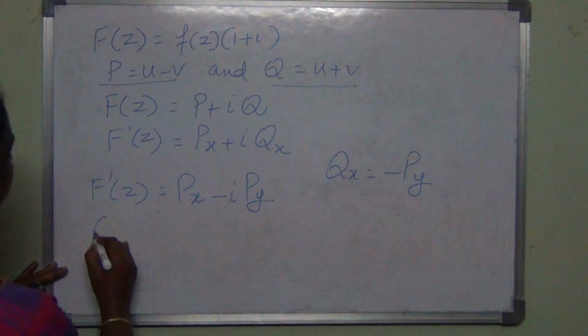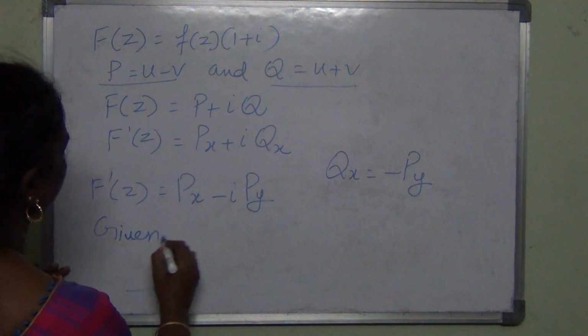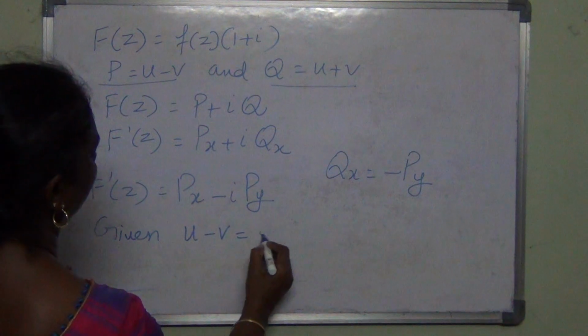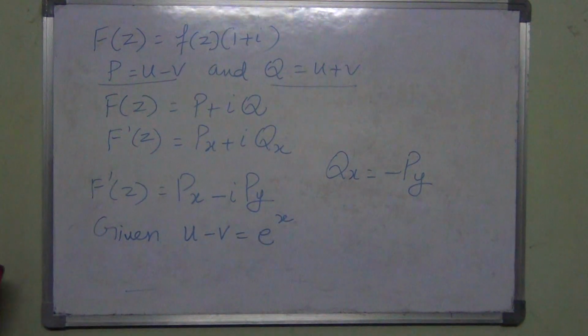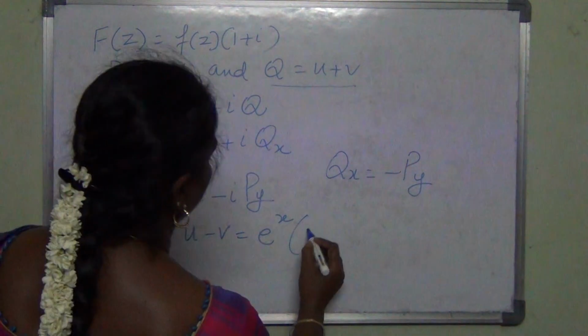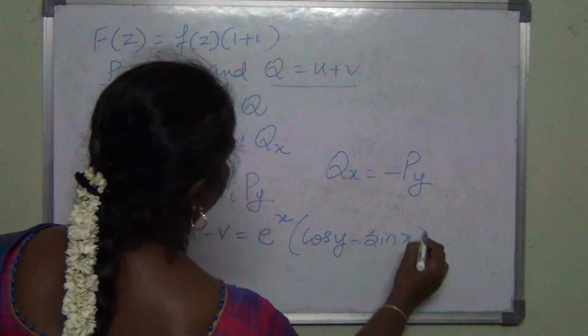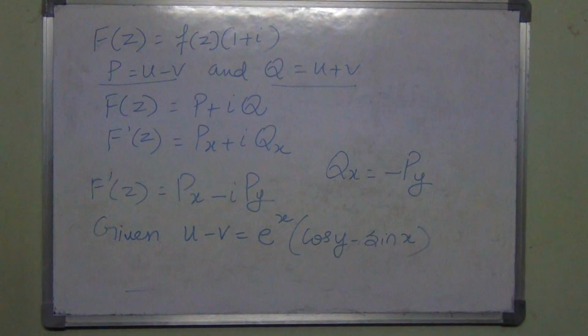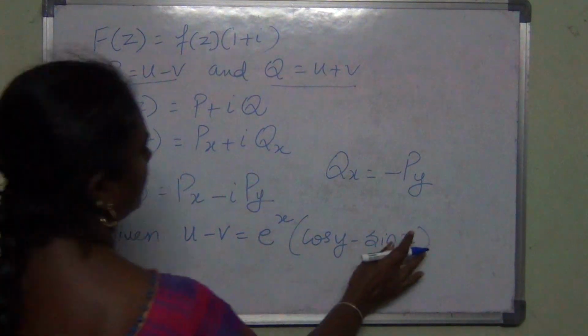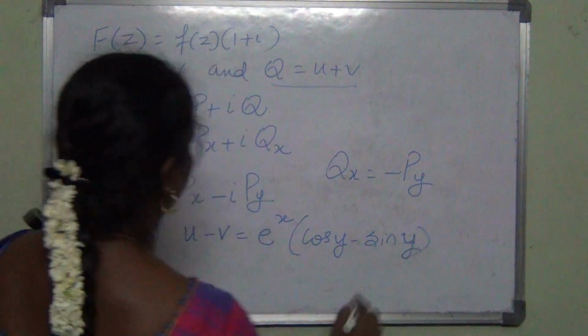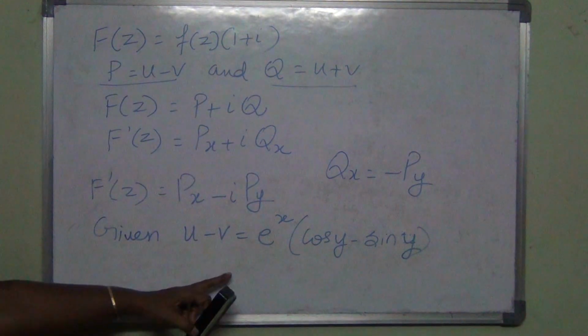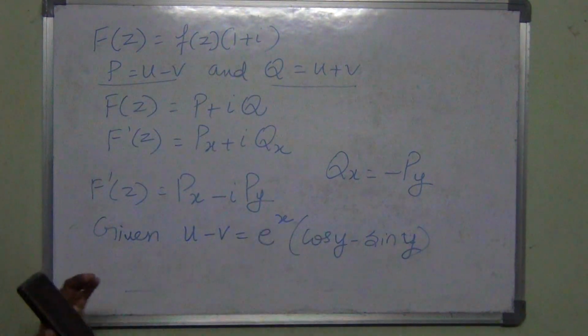Given u − v = e^x (cos y − sin y). This is given. Cos y minus sin y. u − v is given as e^x (cos y − sin y).